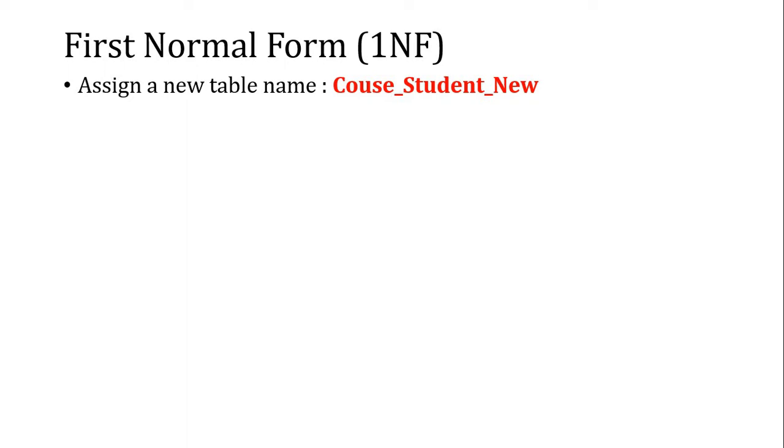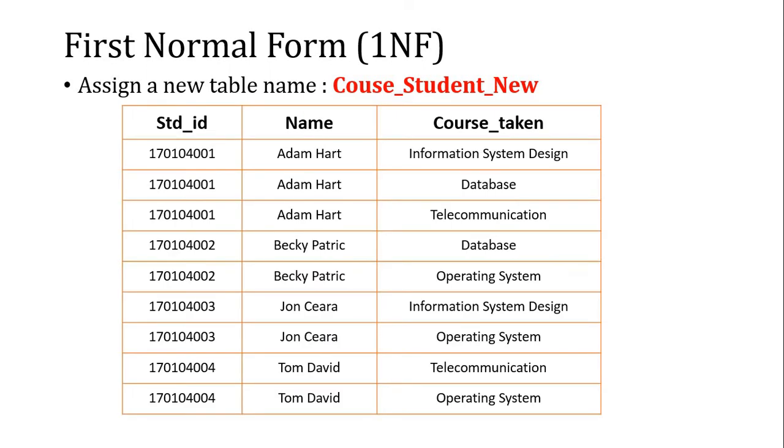We have to rename the table, create another table, and also give it a new name, because we cannot create 2 tables with the same name. So we should create a table like this, with student ID, name and course taken, the same column names, where we insert the data with each tuple.